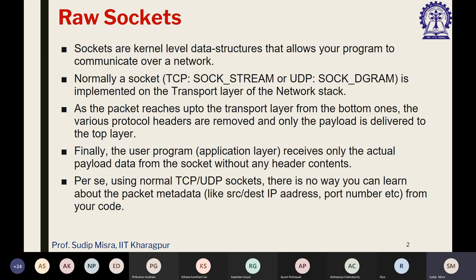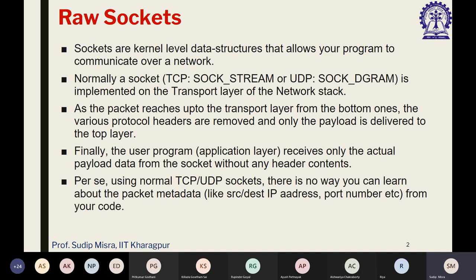So these headers were added to the payload from these corresponding layers at the sender, and once it is received at the receiver end, before the application gets the payload, these different layers are going to take out the corresponding payloads for these different layers, right? So for example, transport layer has its own header, the network layer has its own header, data link layer has its own header.